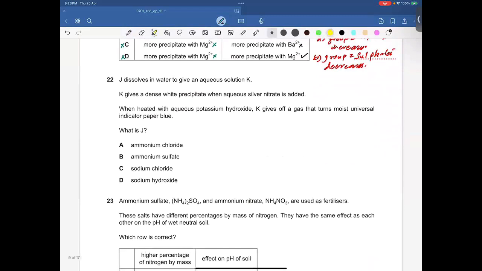Question number 22. J dissolves in water to give an aqueous solution K. K gives a dense white precipitate when aqueous silver nitrate is added. So when you get a white precipitate with silver nitrate, that indicates the presence of chloride ions. That means this solution K contains chloride ions.